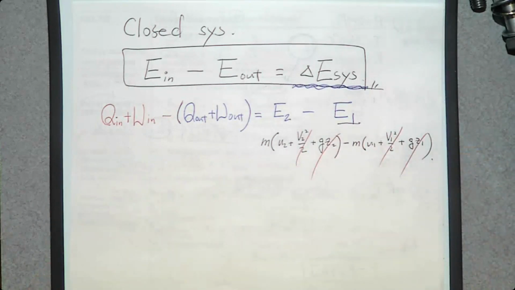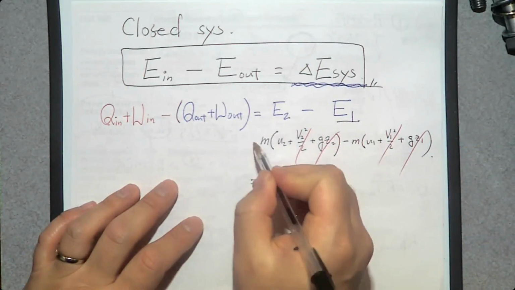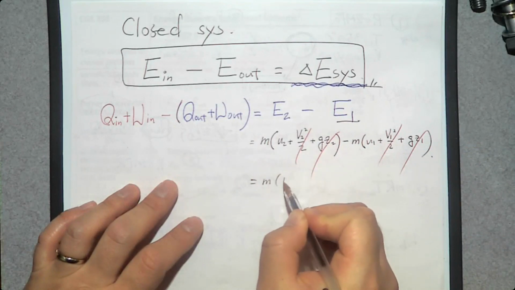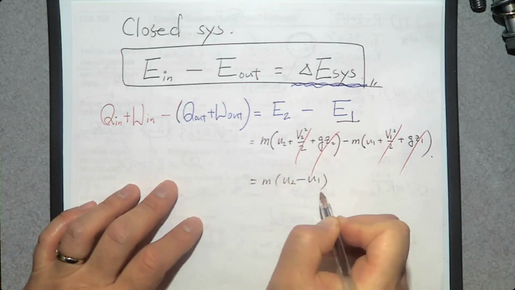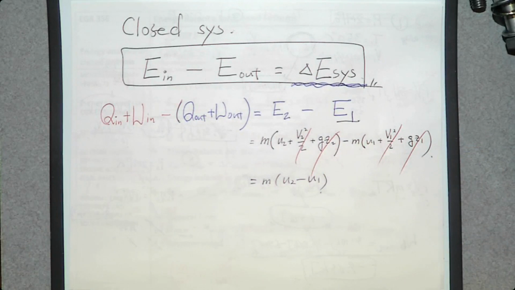Then what do you have? You have mass times u2 minus u1. Then you may remember that we studied moving boundary work. It is actually this W out, but should be a part of this change of energy of a system that we discussed last week.